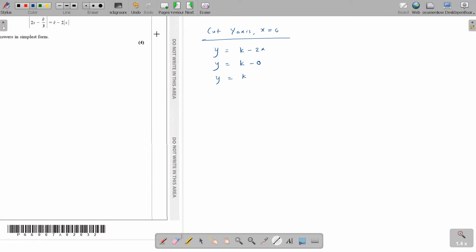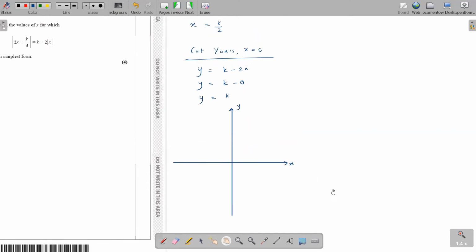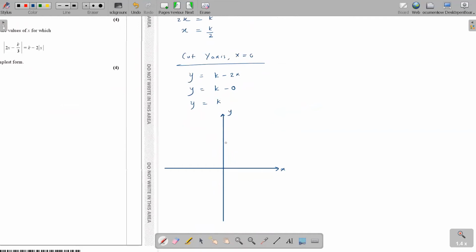Okay, so I'll draw the graph here. It's a sketch that they need, so x and y. The x-axis cutting point was k over 2 and the y-axis cutting point is k.